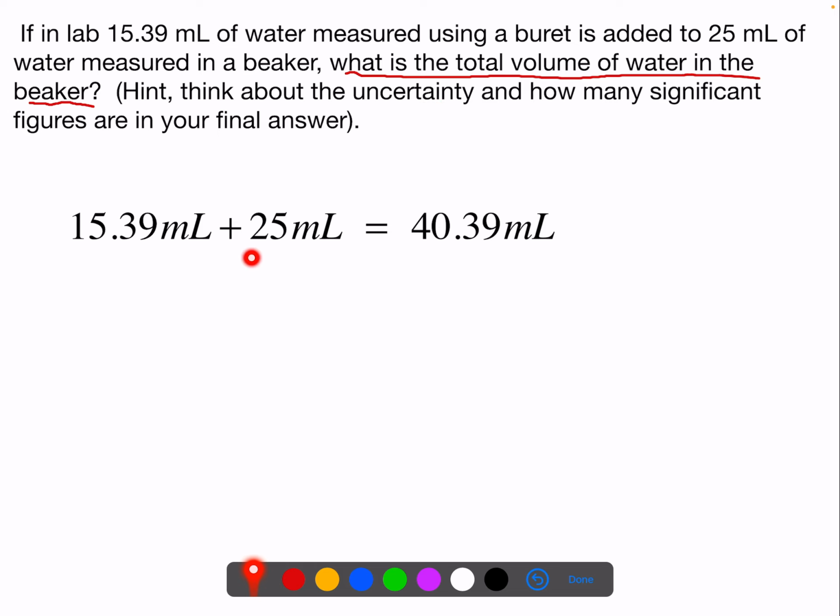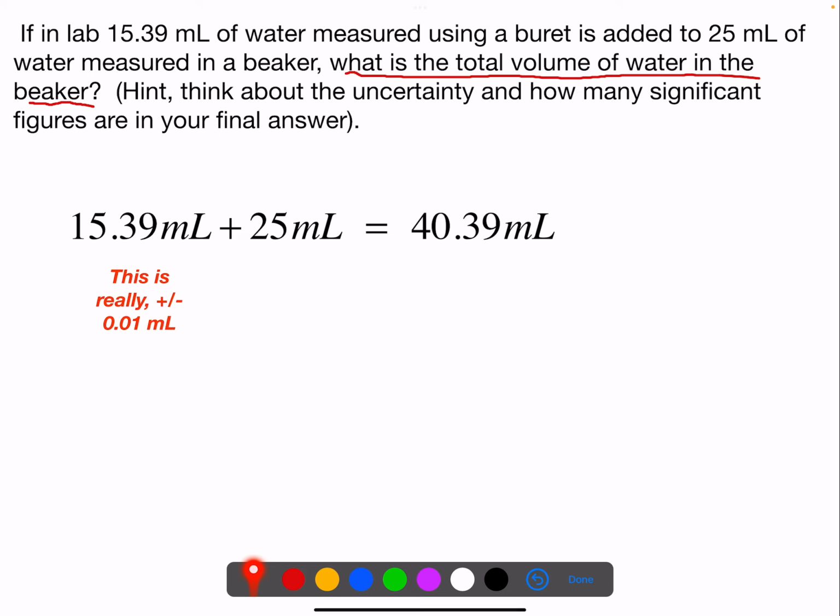And when we think about what these numbers really mean, this measurement of 15.39 milliliters, the fact that it has a decimal and then 2 spots after the decimal, is really saying this is 15.39 plus or minus 0.01.